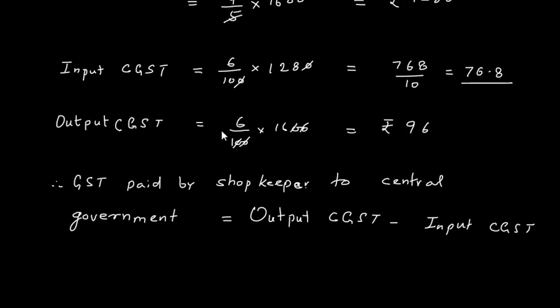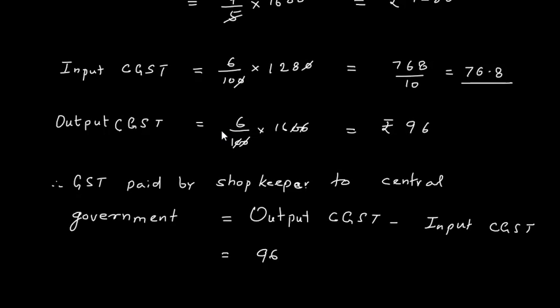Why? Because output CGST is what the shopkeeper collected from the customer, and input CGST is what the shopkeeper has already paid to the wholesaler. What he has already paid, that much amount he does not have to pay to the government. So here only the difference he will pay.